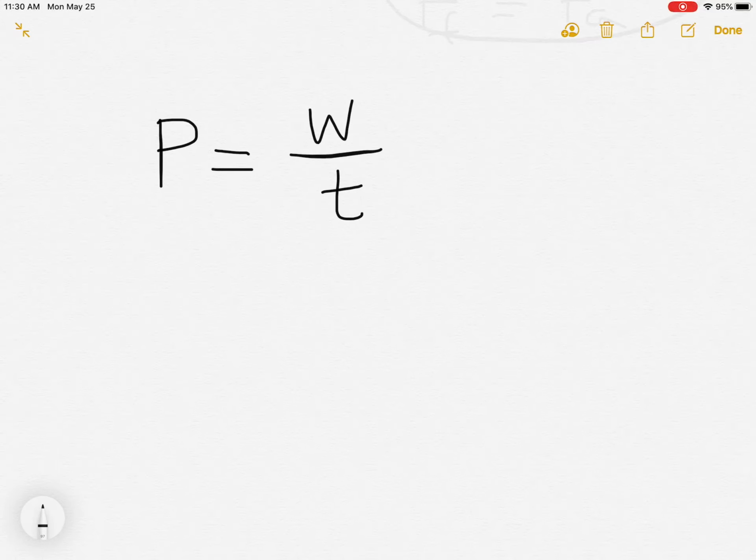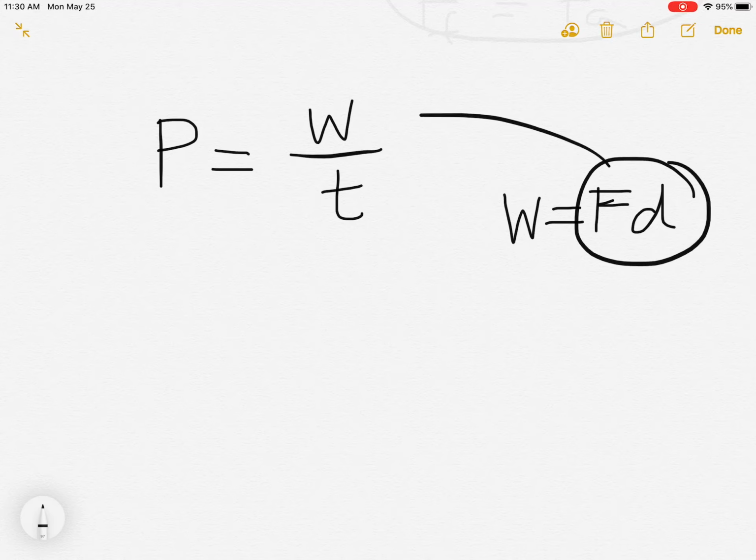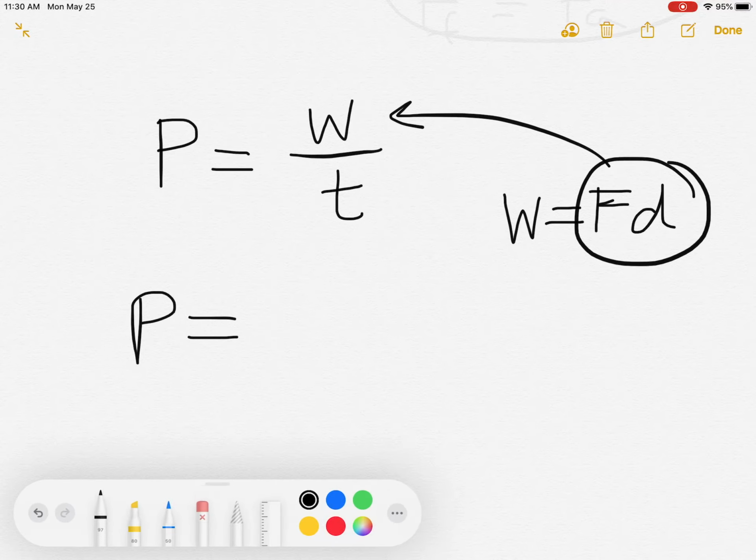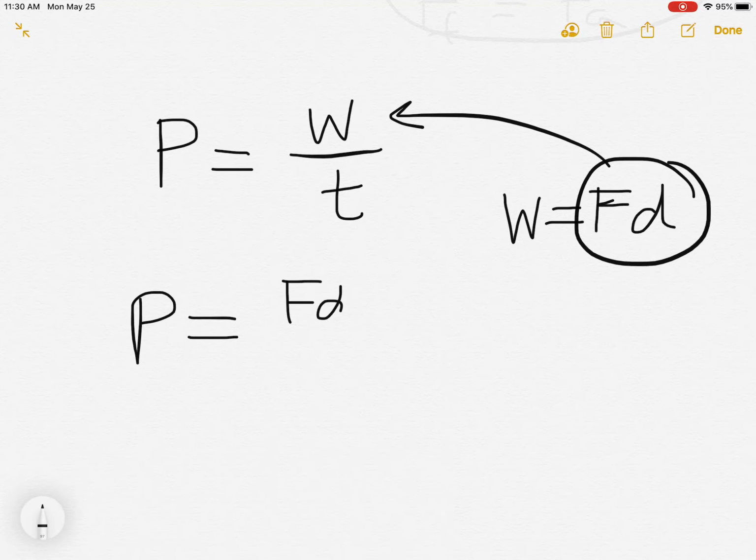Now, we also know that work is equal to force times distance. So we can substitute that into this equation. And when we do that, we get force times distance over time.